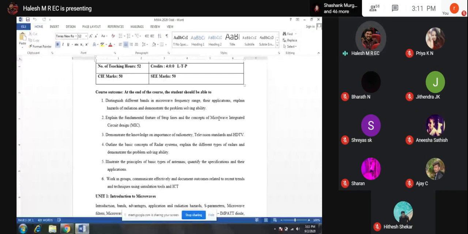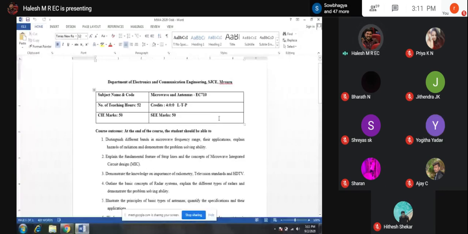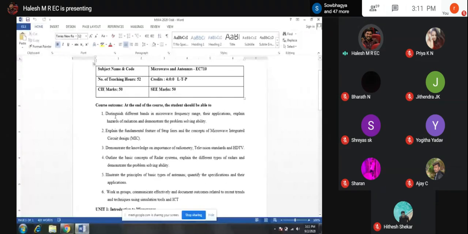And the course outcomes. This is the microwave and antenna subject, and the first outcome: distinguish different bands in the microwave frequency range, their applications, explain hazards of radiations, and demonstrate problem solving ability. I hope everyone can imagine the spectrum of microwave, different frequency ranges, with the wavelengths mentioned in that spectrum.